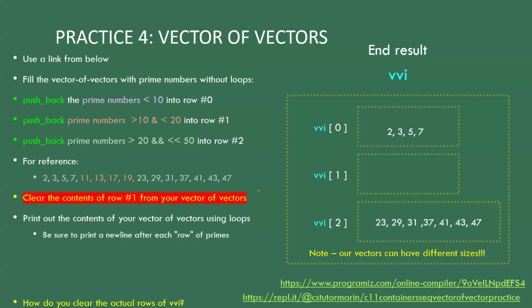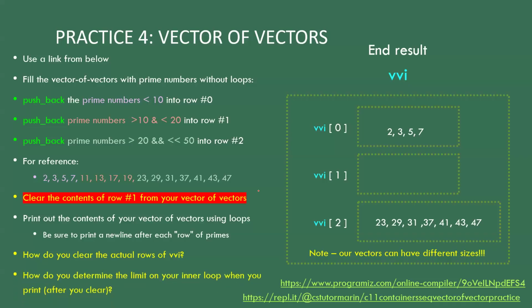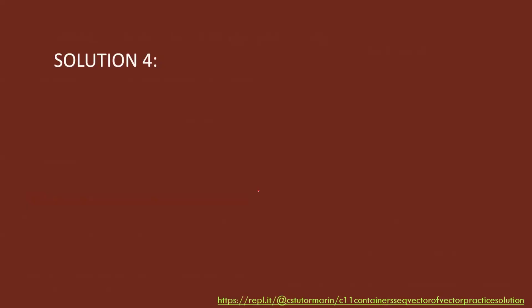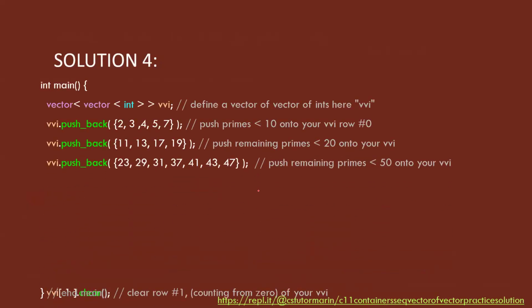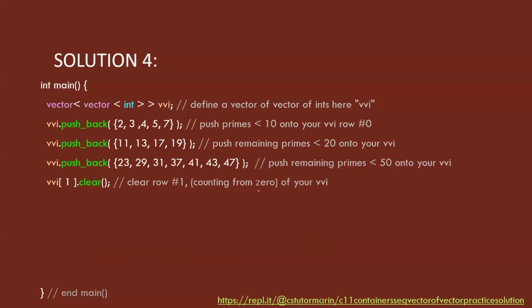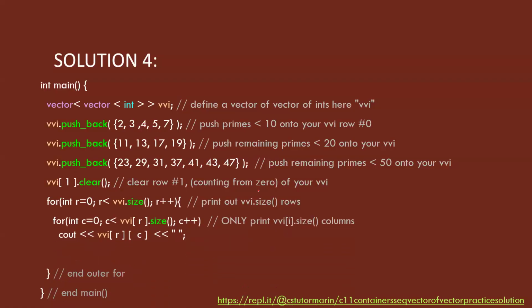So give this a try. I'll put the code up there for this. But if you want to really clear the rows of VVI, you just say VVI dot clear, and now you blow away everything, right? So remember to check your dot sizes in case somebody has done something like that, right? So if you clear row 1, now if you don't check the size, you're going to probably get a crash, right?